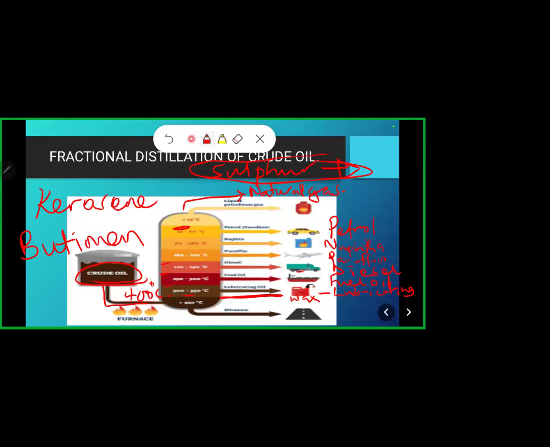Fuel oil is used in boiling. Okay, it's used in heating things at home or anywhere, and also in power plants to produce energy or electricity.